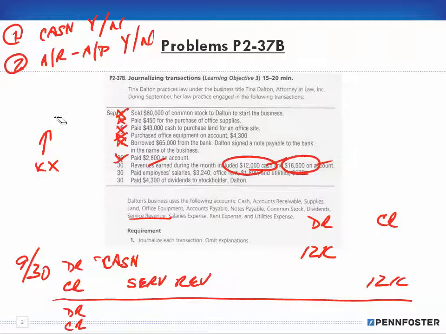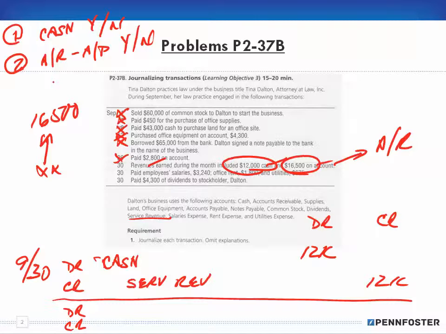So the next question I ask is, is this accounts receivable or payable? When I'm making a sale and somebody's going to owe me because it's on account, that means it's going to be an accounts receivable. So my accounts receivable is going to increase by 16,500.